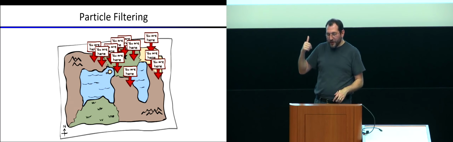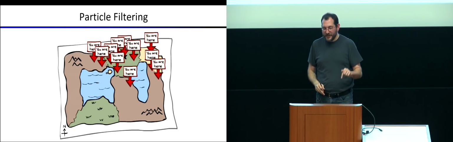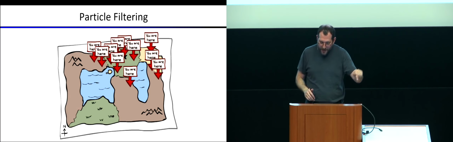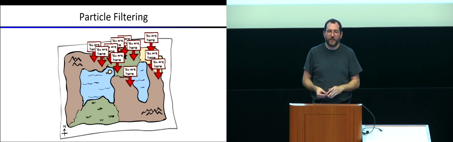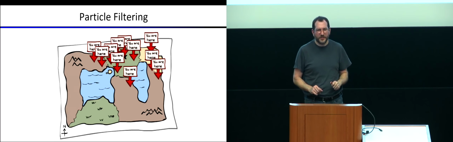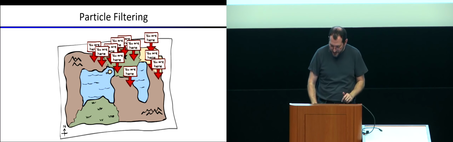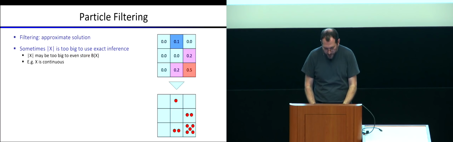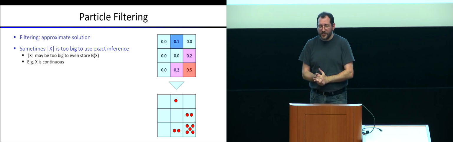So for example, here, you might have a bunch of samples hypothesizing you're here, you're here, you're here, you're here, you're here. And then there's other places where you have no samples representing that hypothesis, which means in that empirical distribution, probability 0. So you might need a lot of samples for this to work. And there might be a lot of hypotheses which have probability 0. So this is an approximate solution to the filtering problem.